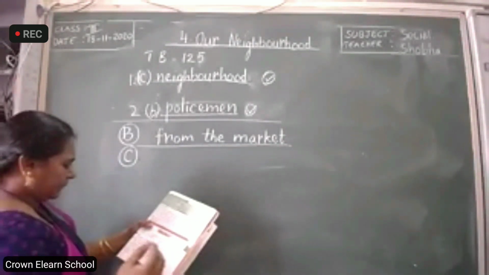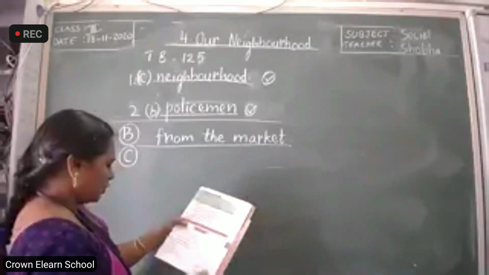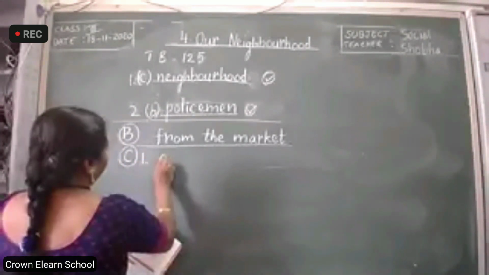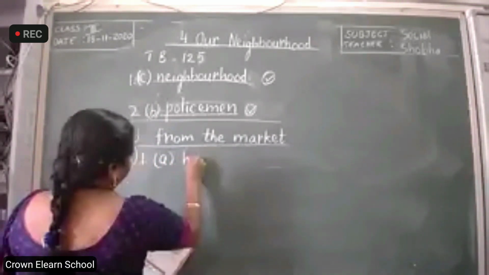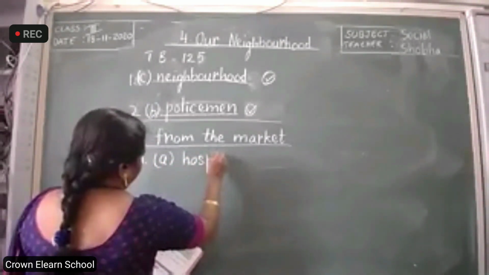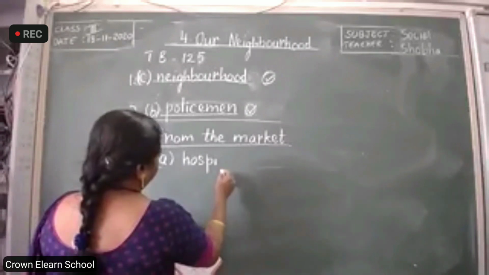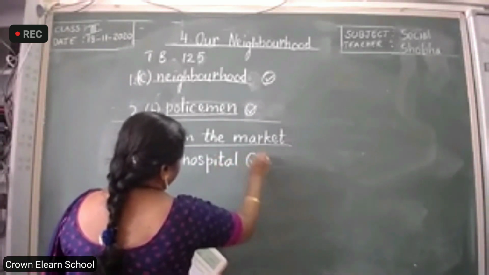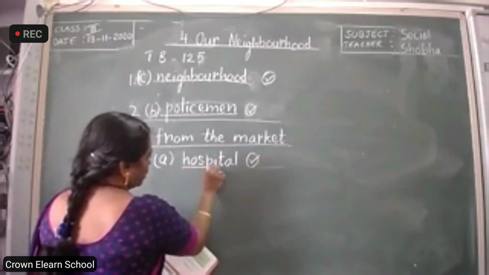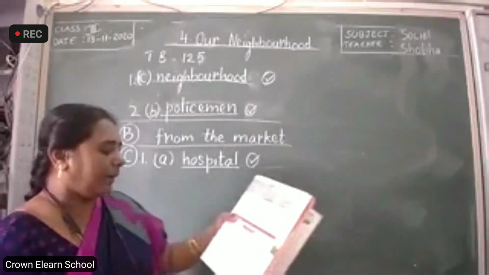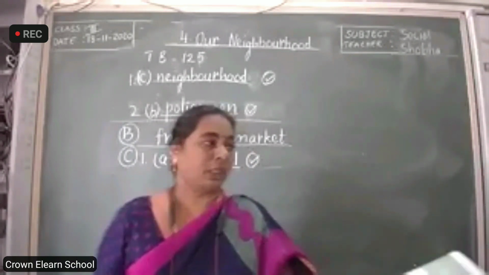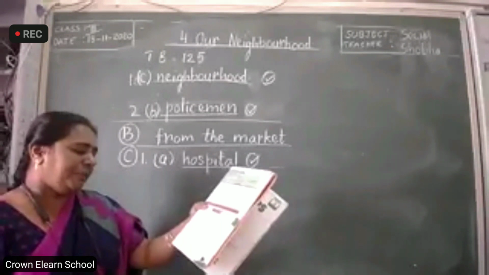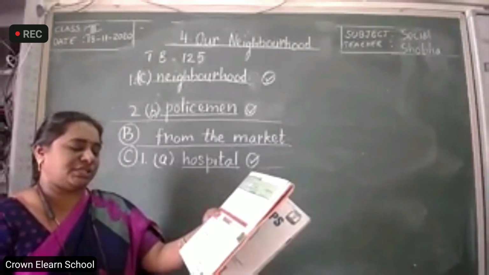So first one, write in the blank, also tick it. First one, A, hospital. Write the spelling correctly, children. H-O-S-P-I-T-A-L, hospital. Tick it. Okay. You also underline it and write in the blank also. Next one. There are many shops in a dash.